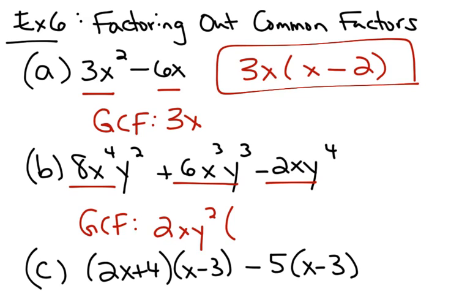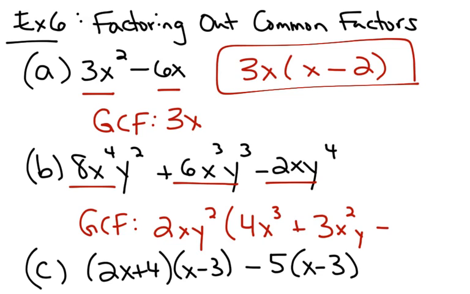So when I divide each of the terms by 2xy squared, the first term is left with 4x cubed. The y squareds cancel because what's y squared divided by y squared? 1. The second term you're left with 3x squared y.